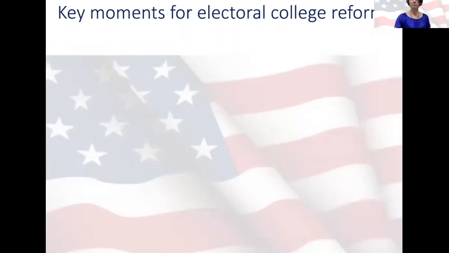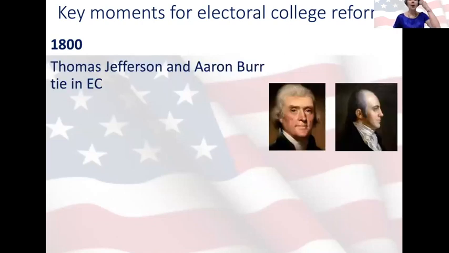So much for that. Second, in 1800, which fans of the Hamilton musical probably know all about, there was a huge problem with the election of Thomas Jefferson and Aaron Burr. They tie in the Electoral College. That means that the decision over who would become president was thrown into the House.